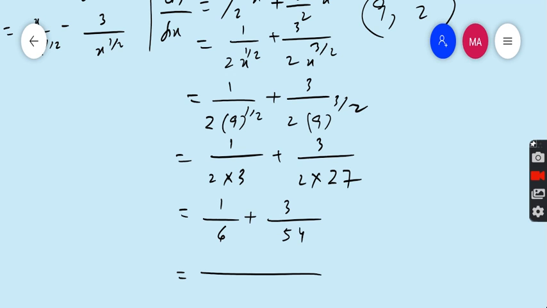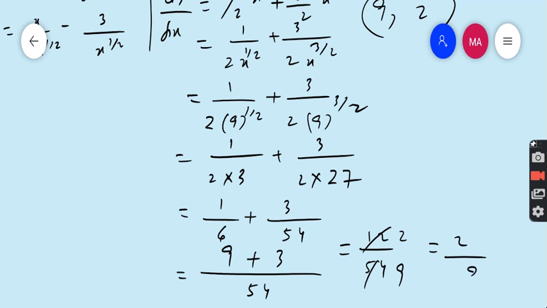Take the LCM 54, 6 9s are 54, that is 27 plus 9, 3 9 plus 3 is 12 upon 54. 12 upon 54 can cancel, 6 2s are 12, 6 9s are 54. Now we achieve the answer in the book, that is 2 upon 9. This is the final answer, 2 upon 9.